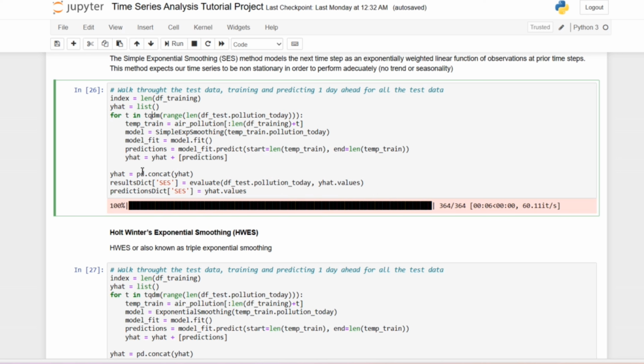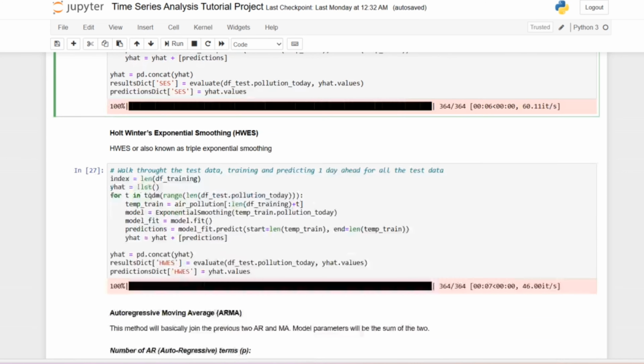So y hat values are nothing but your predicted values. You collect them to identify the evaluation metrics or the errors, and the second is that we are collecting the y hat values for prediction.